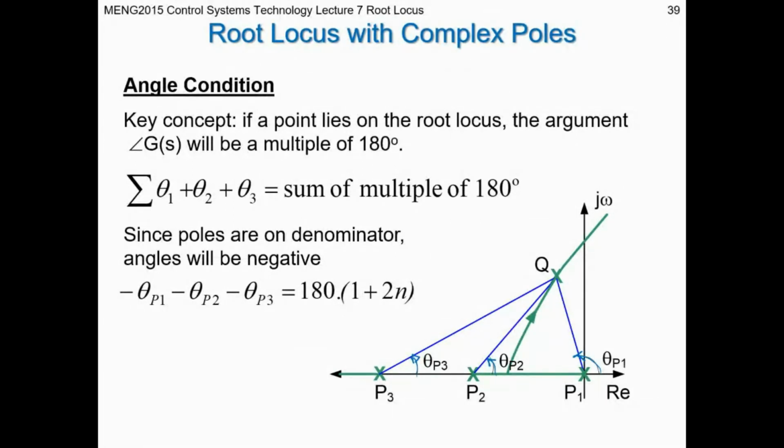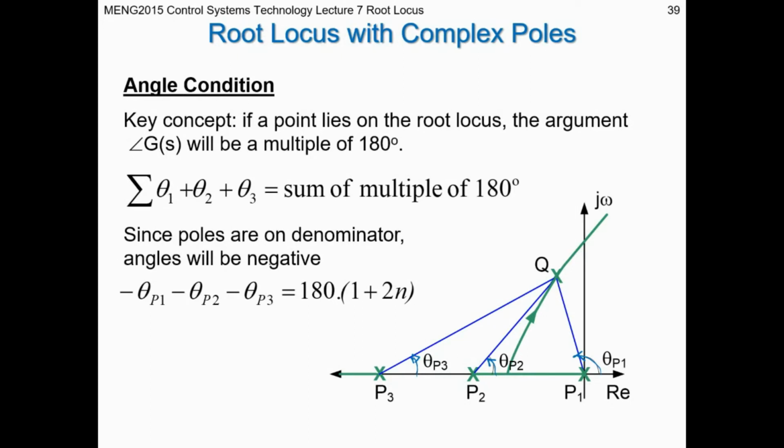Now, remember that Q represents a point on this locus. It represents a point on the S-plane, and there's a transfer function associated with that. Because poles are on the denominator of the transfer function, the angles associated with those poles are going to be negative.